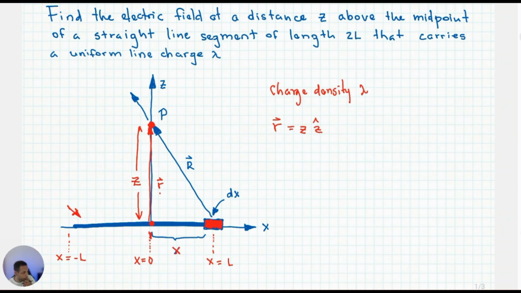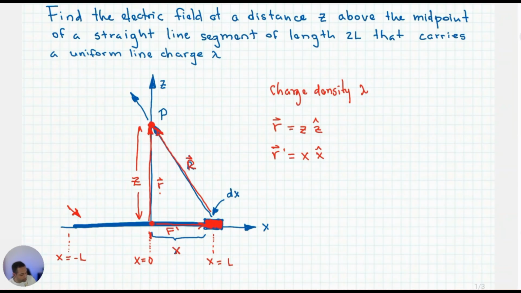The position from the origin to that charge element, let's call it r prime, is equal to x along the x direction. This is the vector r, and this is r prime.